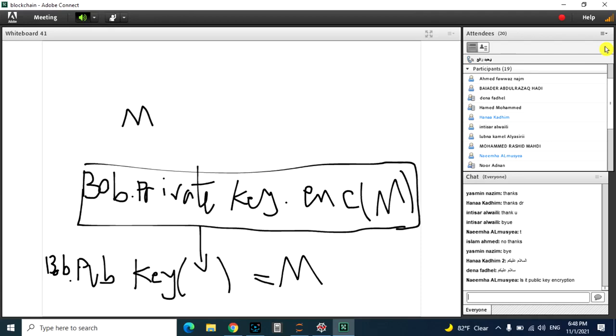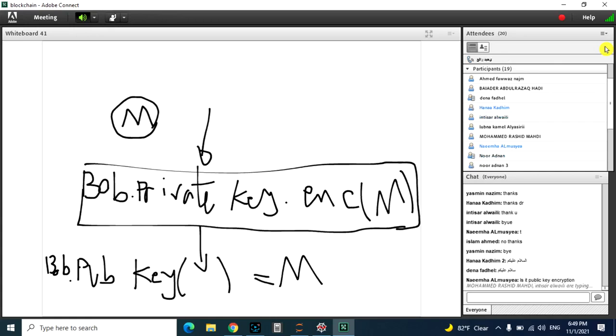Why is it a digital signature? Because the only person that has the private key is Bob. So if Bob encrypts a message with his private key, in fact, he's signing the message. It's used for authentication, just to be sure that the sender is Bob.